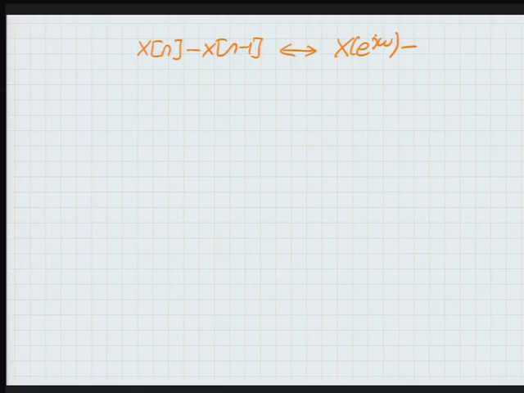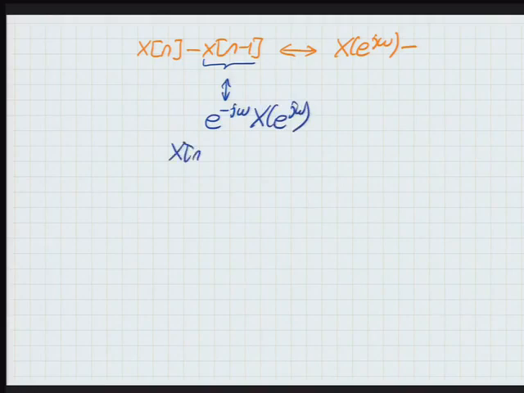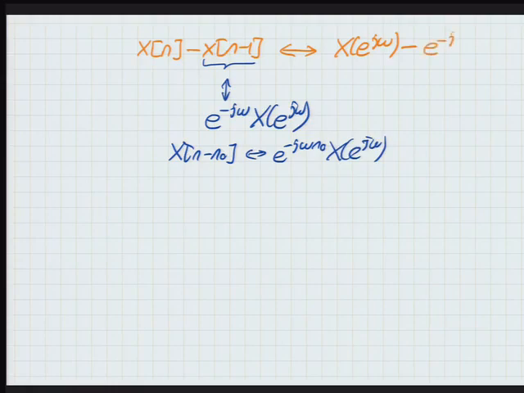What is the DTFT of this? e to the negative j omega X of e to the j omega, right? The general property was x of n minus n0 will give you e to the negative j omega n0 times X of e to the j omega, all right? So therefore, this becomes e to the negative j omega X of e to the j omega. So you can combine them into 1 minus e to the negative j omega times X. Okay, so nothing special. We just use properties that we had already talked about.